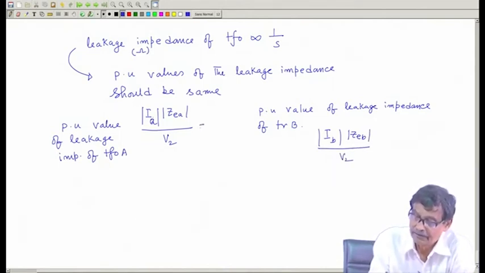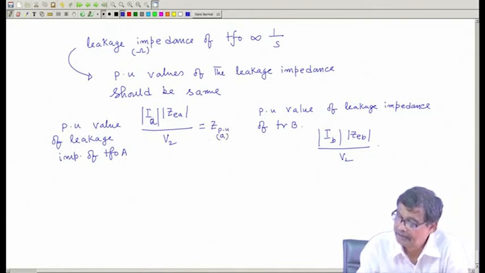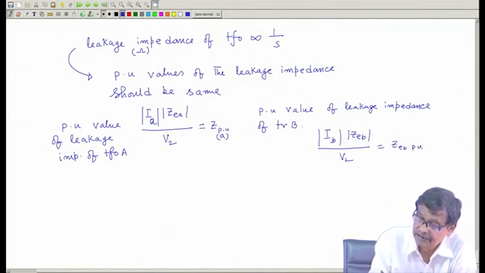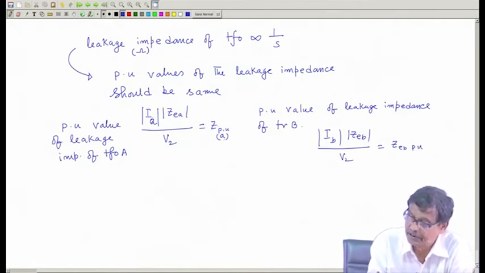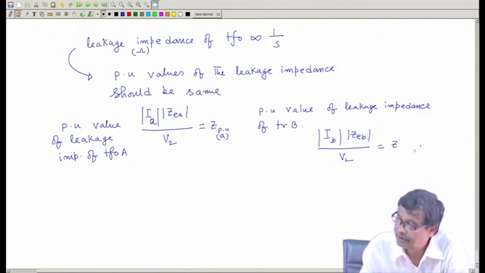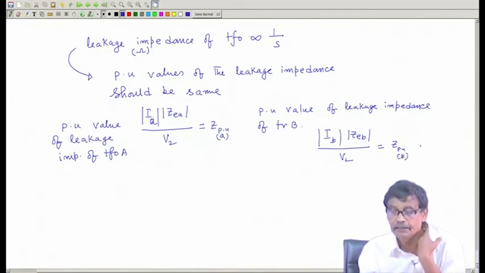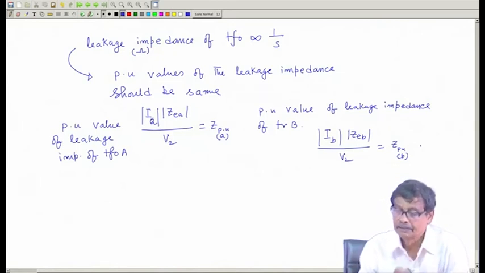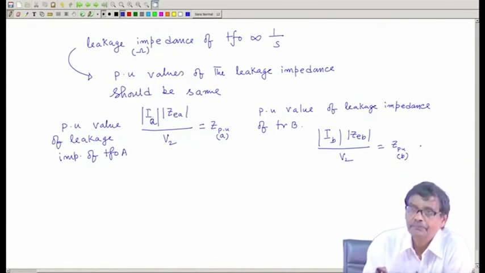This is called Z per unit, transformer A, and this is Z per unit, transformer B. Are not these two same?